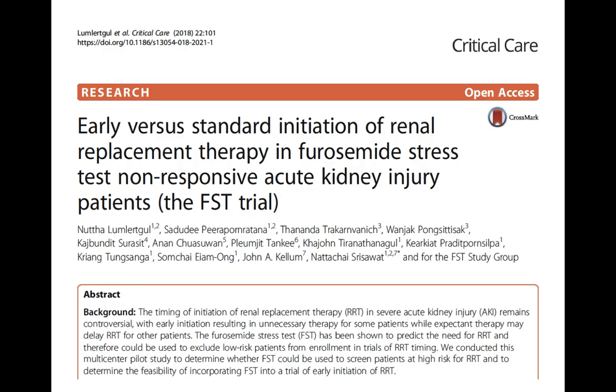The idea is to remove all the patients who are destined to recover with the furosemide stress test, which I think is really the correct way to use this test. This was largely the reason why I developed this test in the first place, to enable a trial like this. To see such a serious and thoughtful group put this together is really impressive. I hope that when you all have some time, you will take a look at this paper, because I think it's very beautifully done.